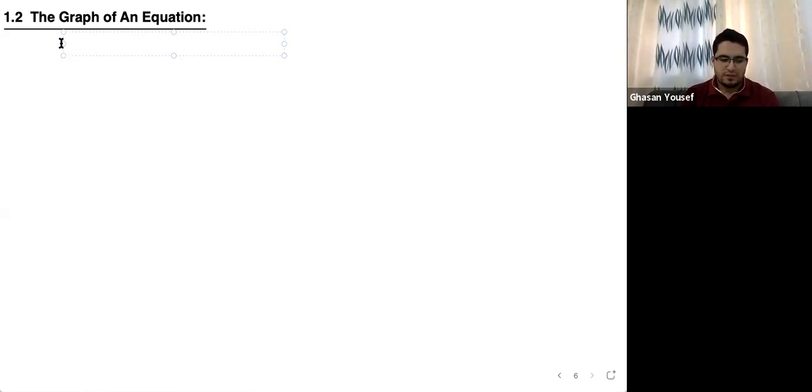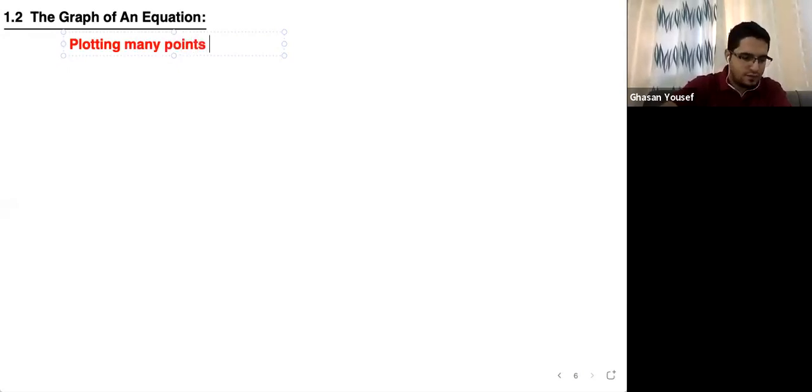Here I can define the graph as plotting as many points as we can, then connecting them by a smooth curve.